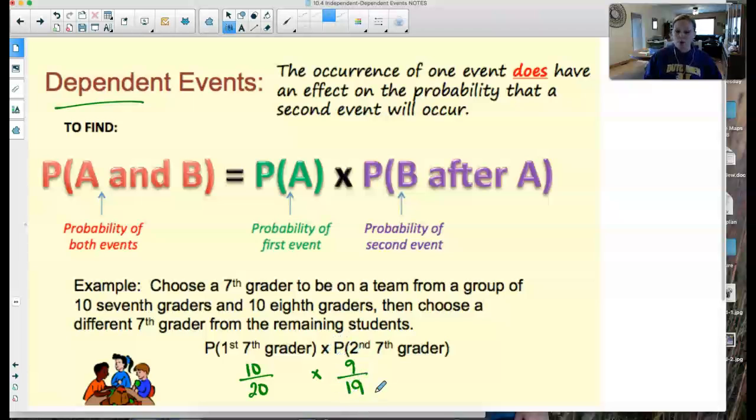So remember, this total number changed also because you already took one student out. So multiplying this, I'm going to simplify this first. 10 over 20 simplifies to 1 over 2. And then we multiply. So 1 times 9 is 9. 2 times 19 is 38. So we have a 9 out of 38 chance of choosing a 7th grader and then another 7th grader.